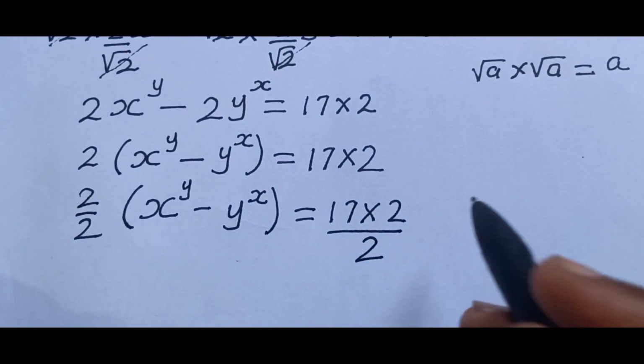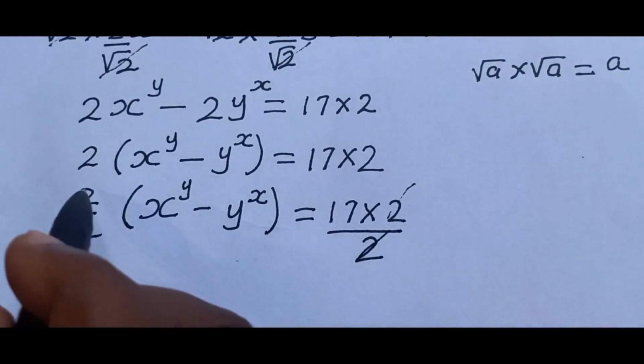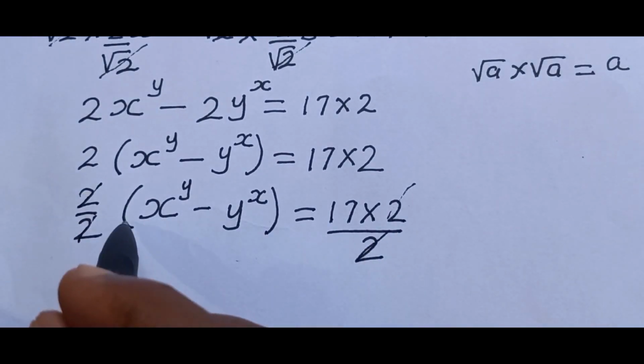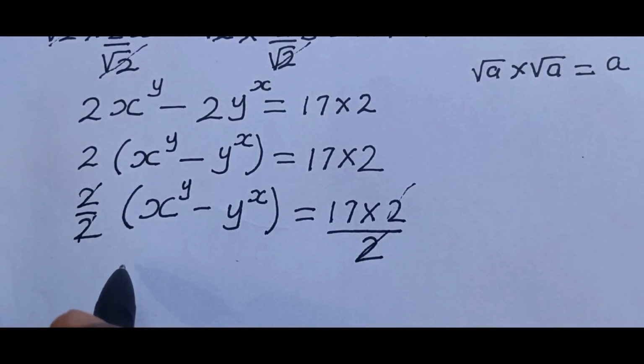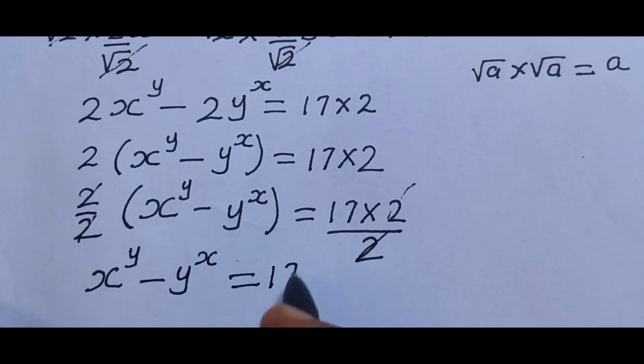This 2 cancels this one, and this 2 cancels this 2. So the left hand side will remain with x raised to power y minus y raised to power x equals to 17.